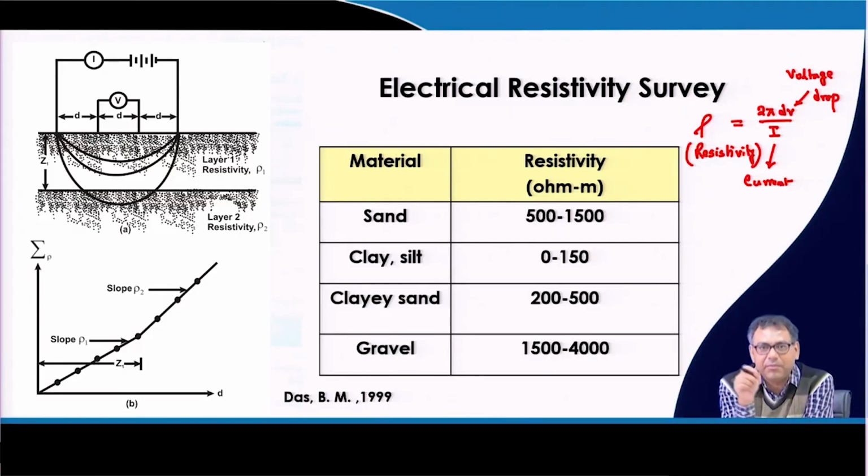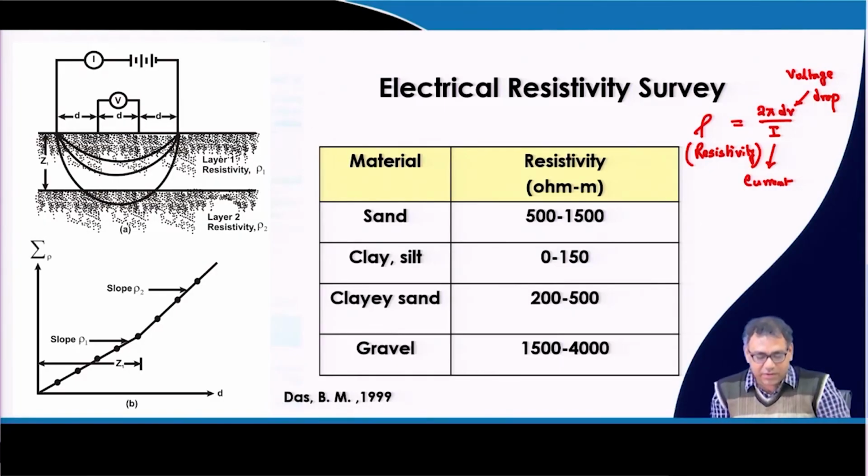Now, every time you have to sum the resistivity, and then I will get this type of plot, and then the slope of each plot will give us the resistivity for each layer, and where the slope is changing, that distance from the origin along the distance axis will give us the thickness of the layer.